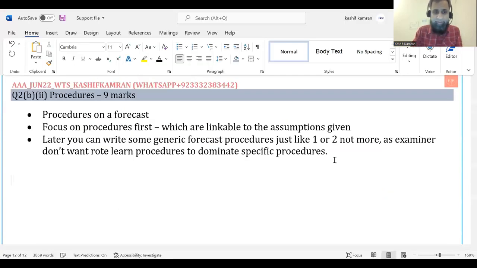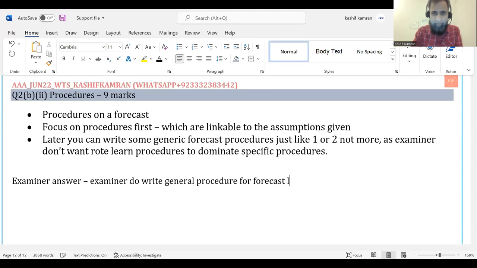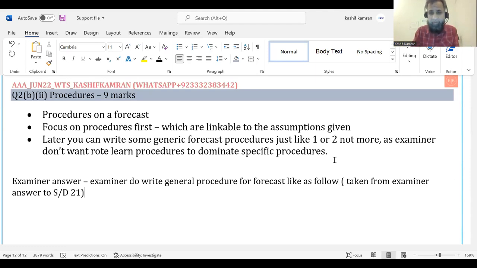Now, even when you look at the examiner answer, the examiner does write journal procedures for forecast as follows, taken from the examiner answer to September, December 21. I've just taken it directly from the examiner answer, right?